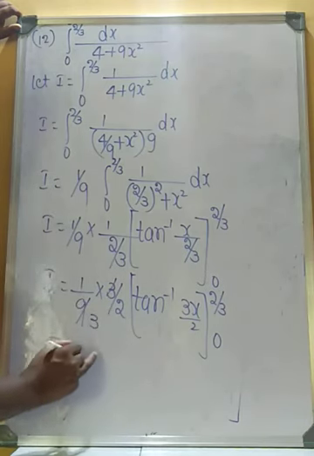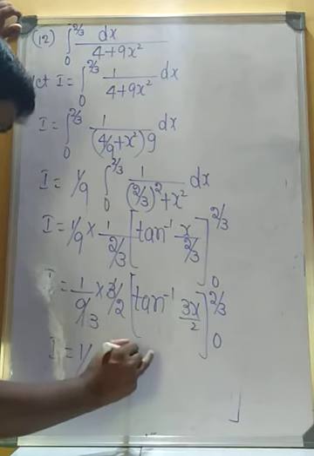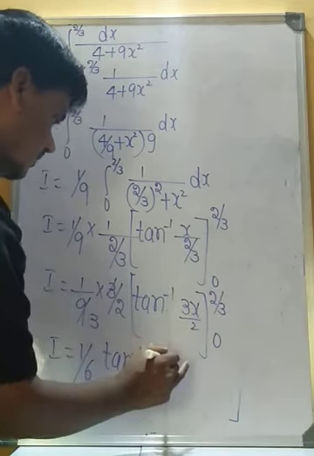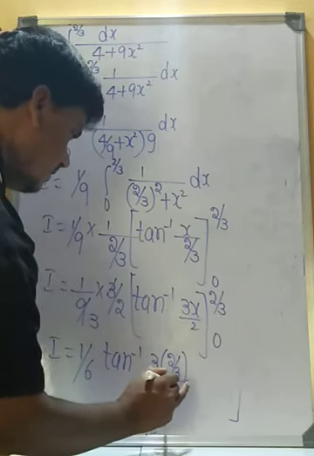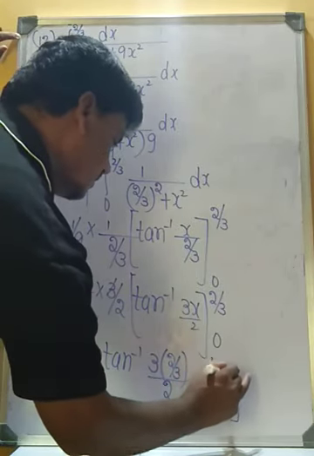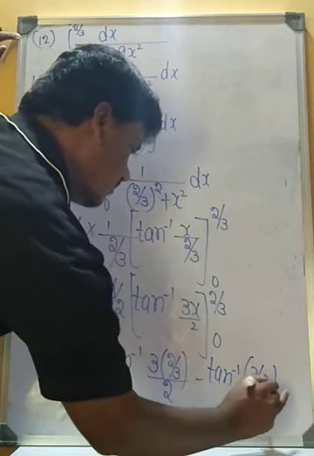Therefore, I equals 1 by 6 into tan inverse of 3 into upper limit 2 by 3 divided by 2, minus tan inverse of 3 into 0 by 2.